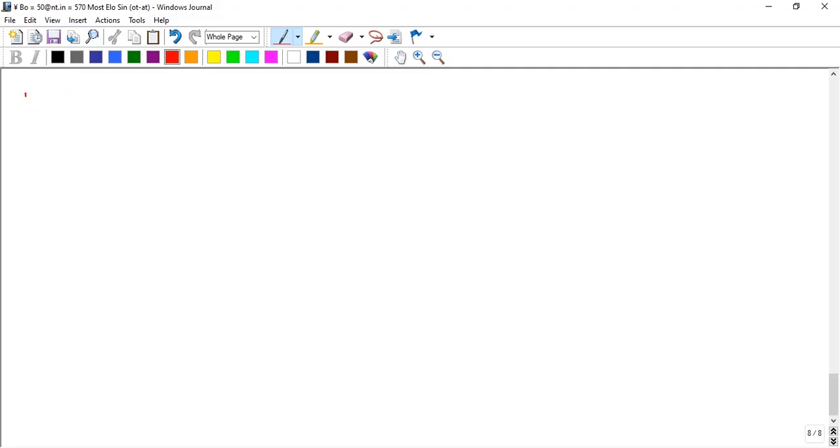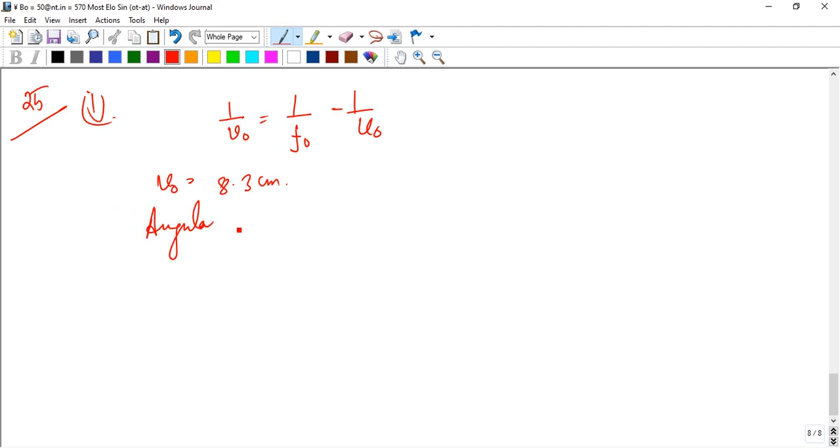Question number 25, part 1. 1 by V0 is equal to 1 by F0 minus 1 by U0. So here V0 is given, V0 is 8.3 centimeter. So the angular magnification M is V0 by U0 times (D by Fe plus 1).